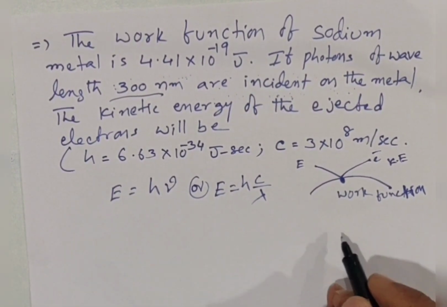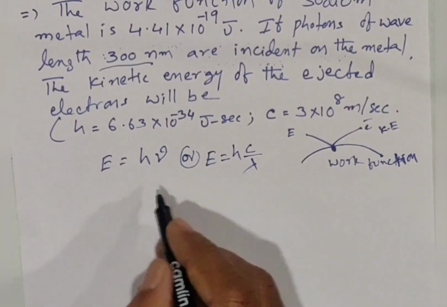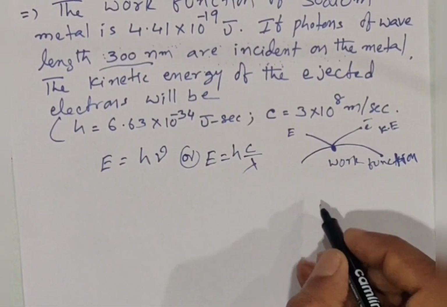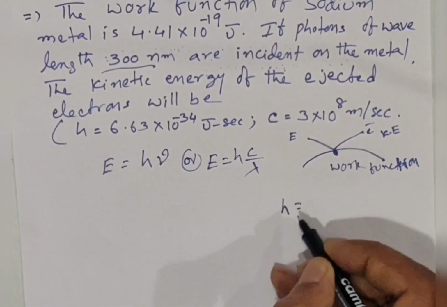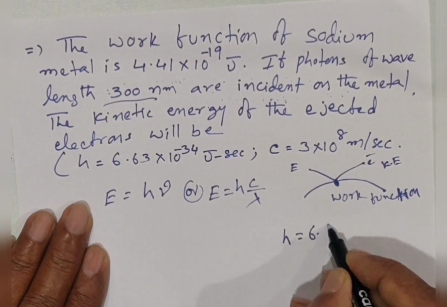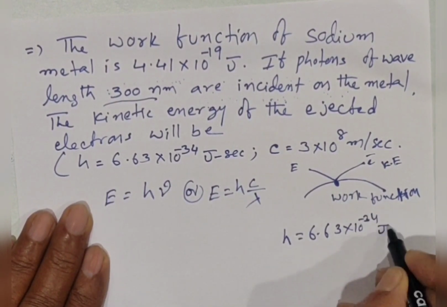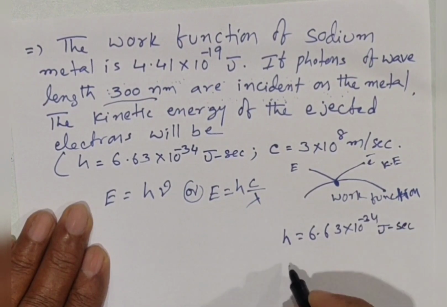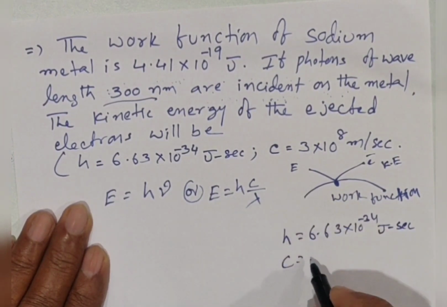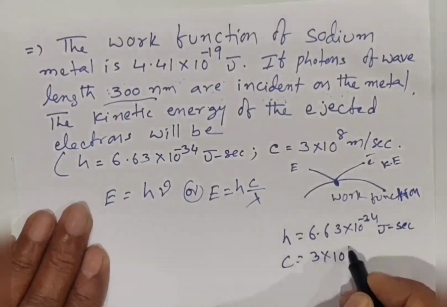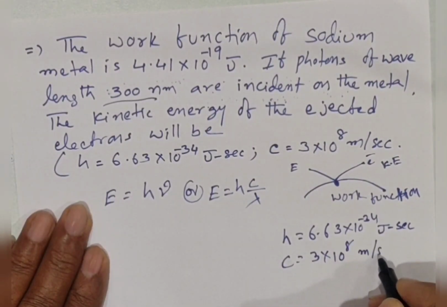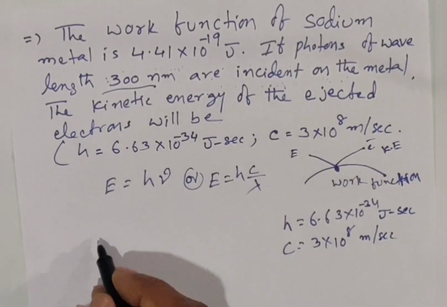You have to substitute the values in this mathematical expression. Then h is equal, given value is 6.63 into 10 power minus 34 joule second. Then c value is also given, that is 3 into 10 power 8 meter per second, right? You have to substitute these values.